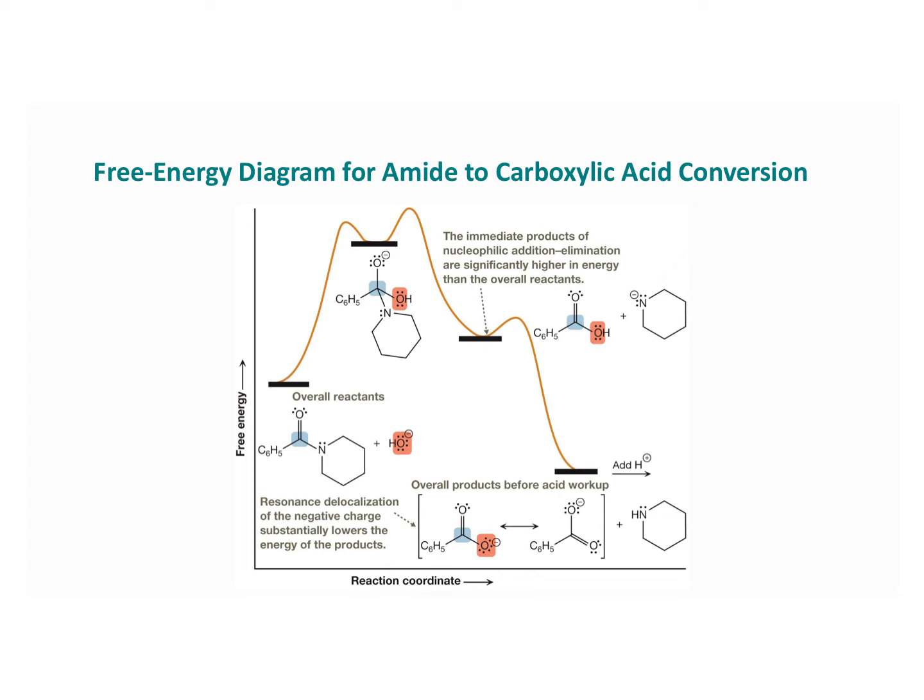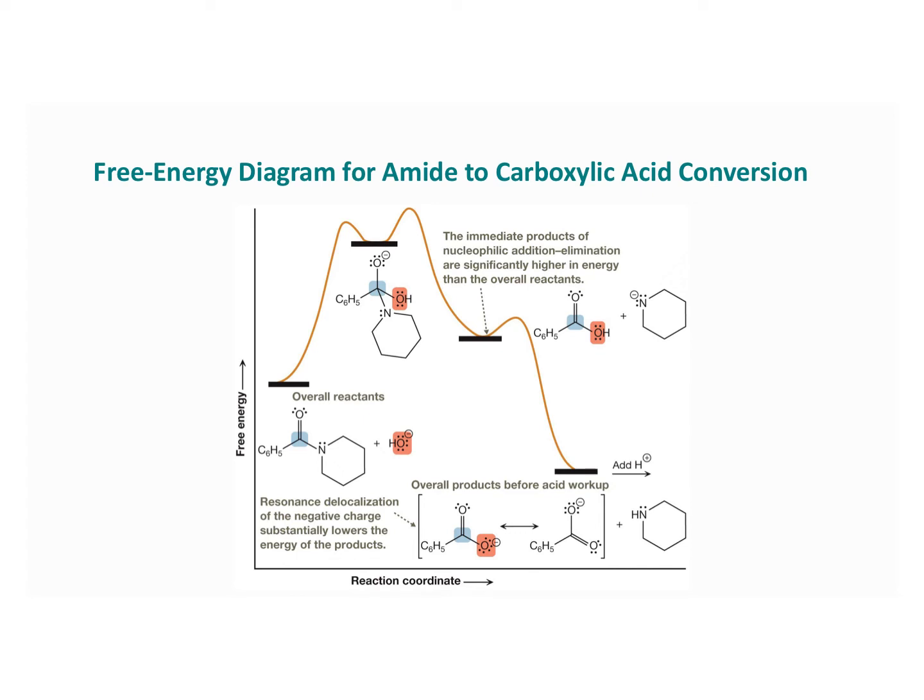Now, although the carboxylic acid is often the desired product when an amide is treated with a hydroxide, sometimes the goal is to isolate the nitrogen-containing leaving group. And this is the case for the Gabriel synthesis.